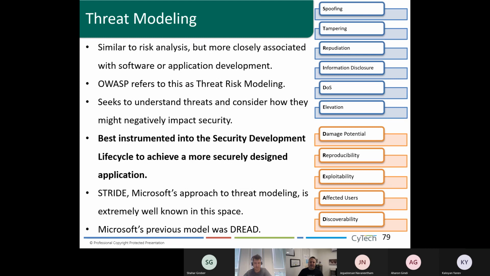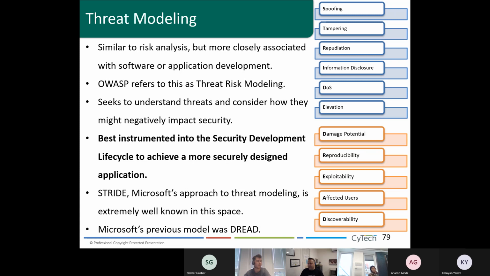For threat modeling, we have two approaches set by Microsoft and that ISC adopted into the CISSP methodology. The first one is the old one called DREAD, and the new, enhanced one is STRIDE. Each one of them is an acronym, and it stands for types of threats.